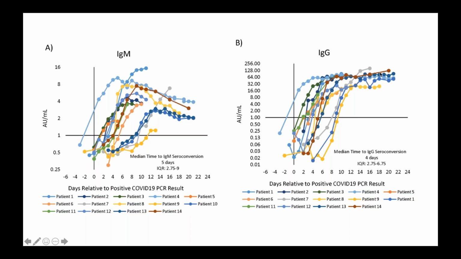Some studies indicate it may be more in the 20-day time frame. So basically 2 to 3 weeks is the time frame where most patients, if they're going to generate antibodies, can be detected.